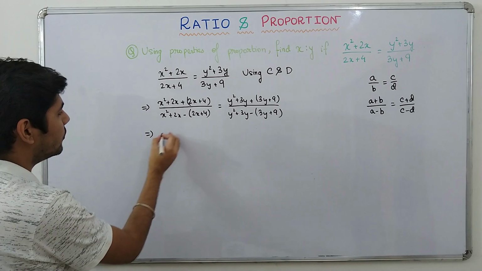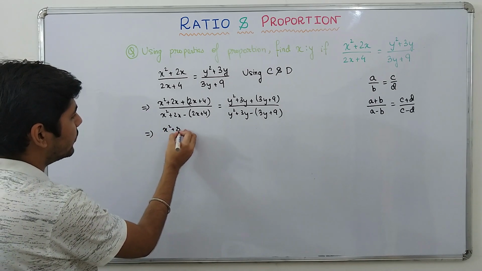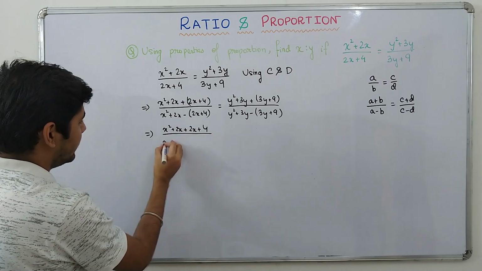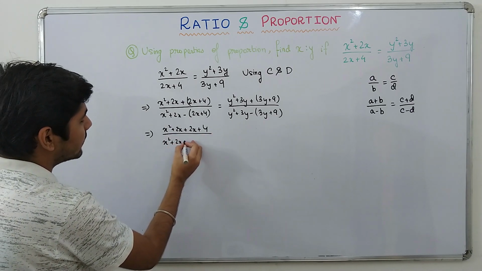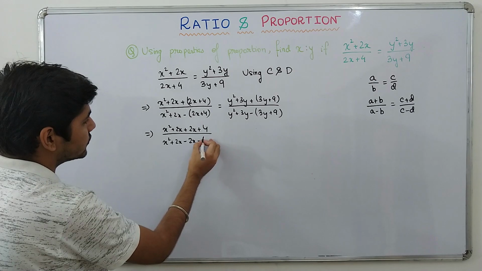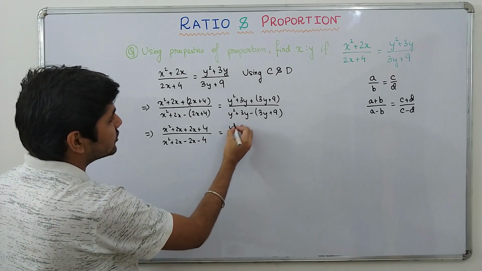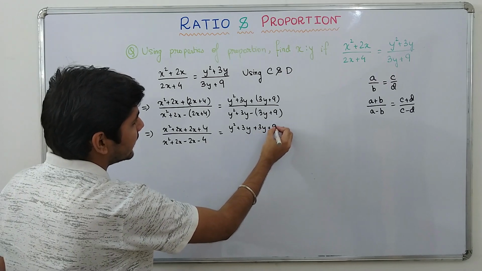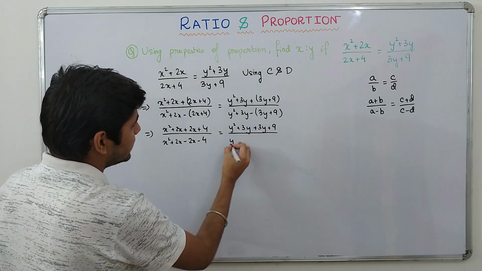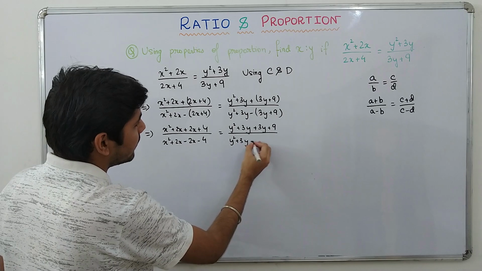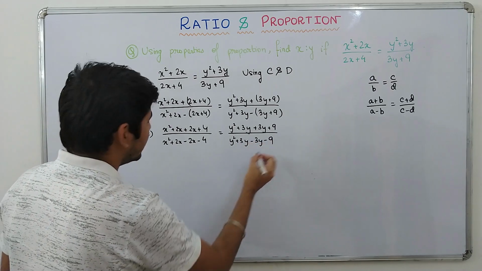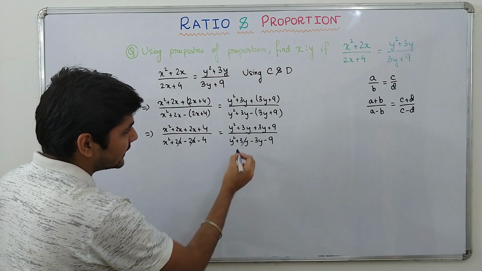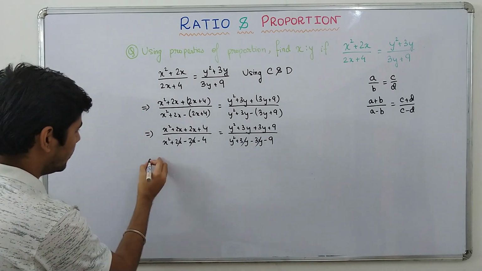So what do we get now? (x square plus 2x plus 2x plus 4) by (x square plus 2x minus 2x minus 4) is equal to (y square plus 3y plus 3y plus 9) by (y square plus 3y minus 3y minus 9). Plus 2x minus 2x gets cancelled out, plus 3y minus 3y gets cancelled out.